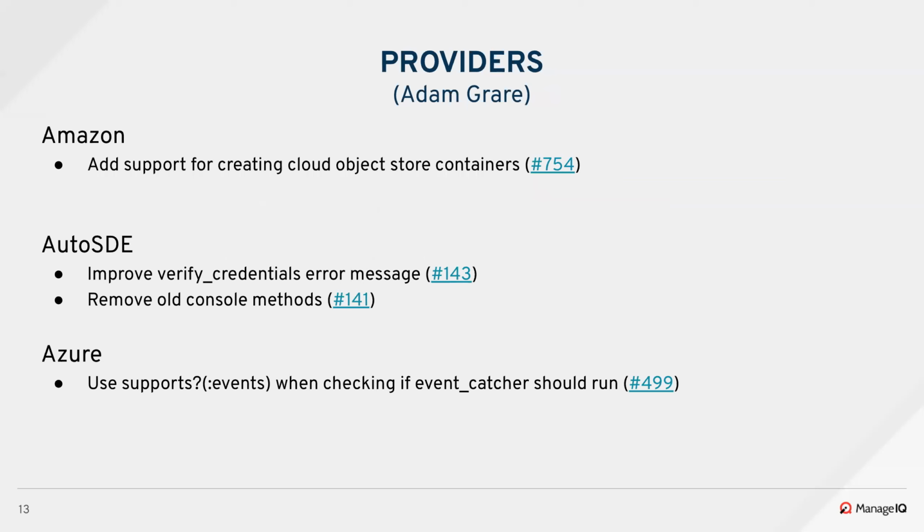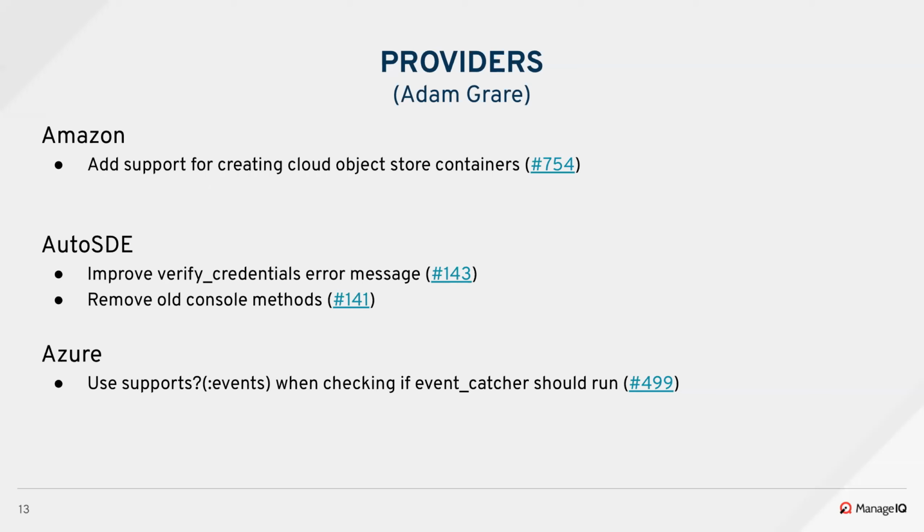Thanks, Kavya. So this sprint for Amazon, Gilbert added support for creating cloud object store containers in the Amazon Object Storage Manager. The AutoSDE team improved the verify credentials error message so that it's more obvious what the failure was when something fails when it tries to verify credentials on an AutoSDE provider. We also removed some old console methods from AutoSDE that were a carryover from the way it was originally implemented for the Lenovo provider.